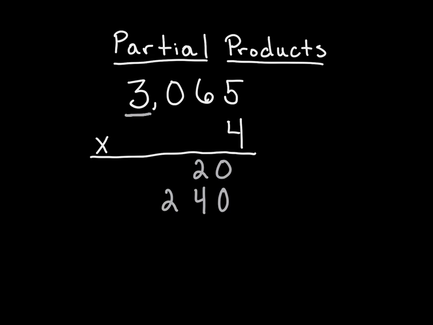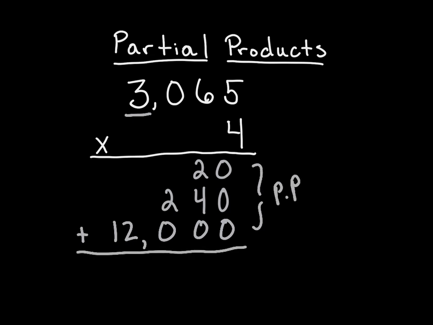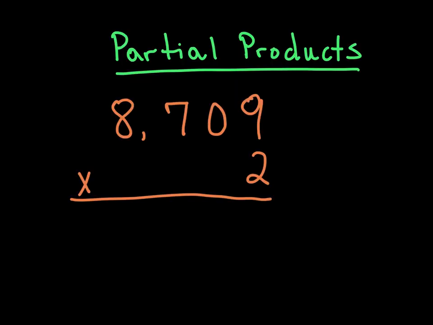And 3 times 4 is 12, and then we add on our thousands. What do we do with partial products? Well, we add them, and we get 0, 6, 2. 12,260 is our product.